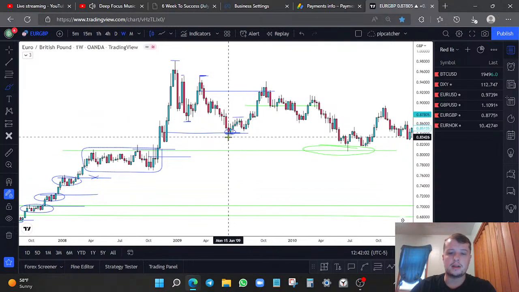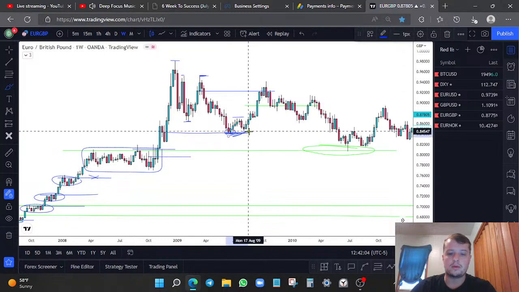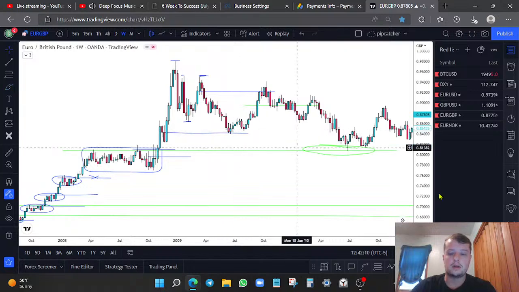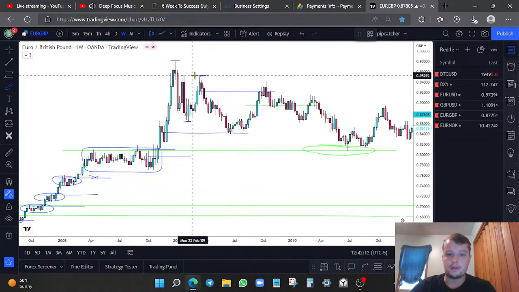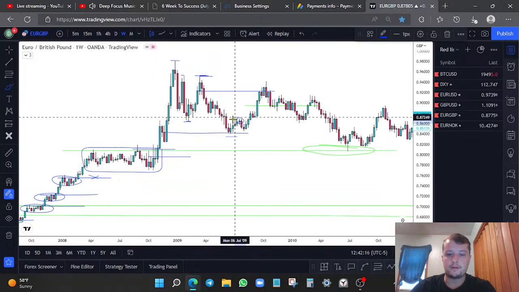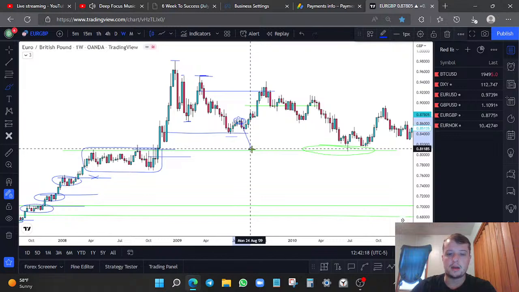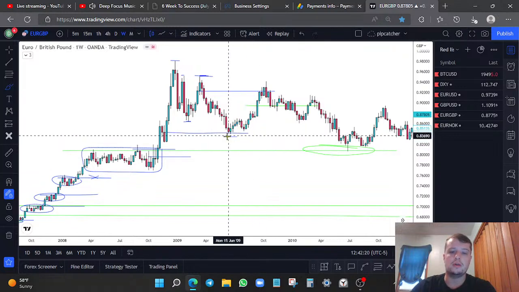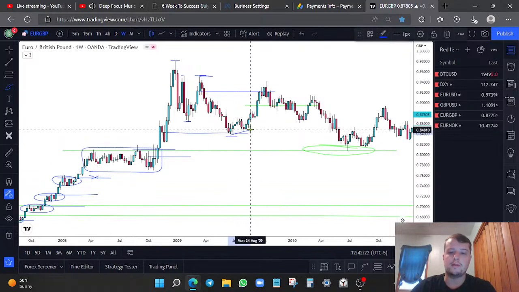And where is this last bit of structure? Let me delete this, there. So from this high to this low, price from here doesn't come and make a new low. We have that shift in market structure right here.